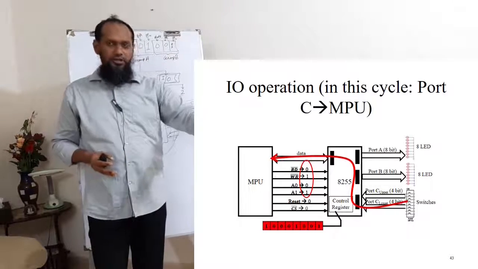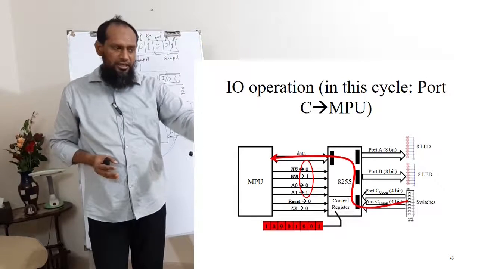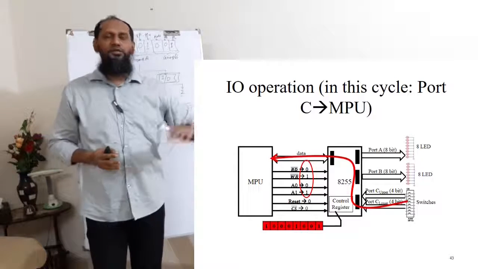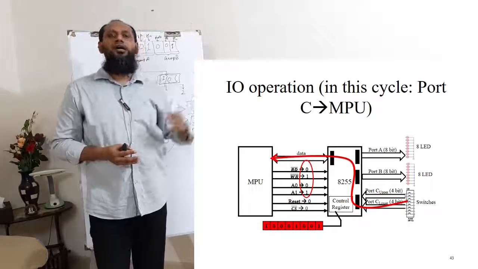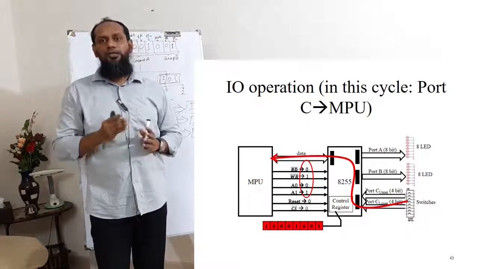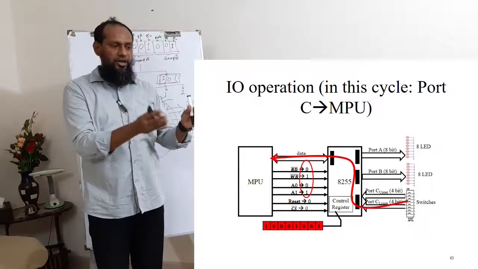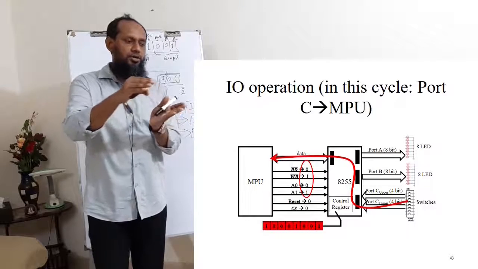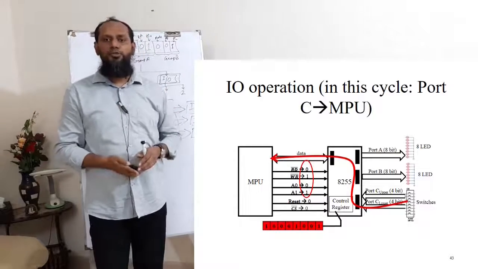And of course, since we are selecting port C, A1 should be 1, A0 should be 0. If you go back to the A0 and A1 configuration, you will find 1, 0 for port C. So this way we are reading something from port C to our microprocessing unit.